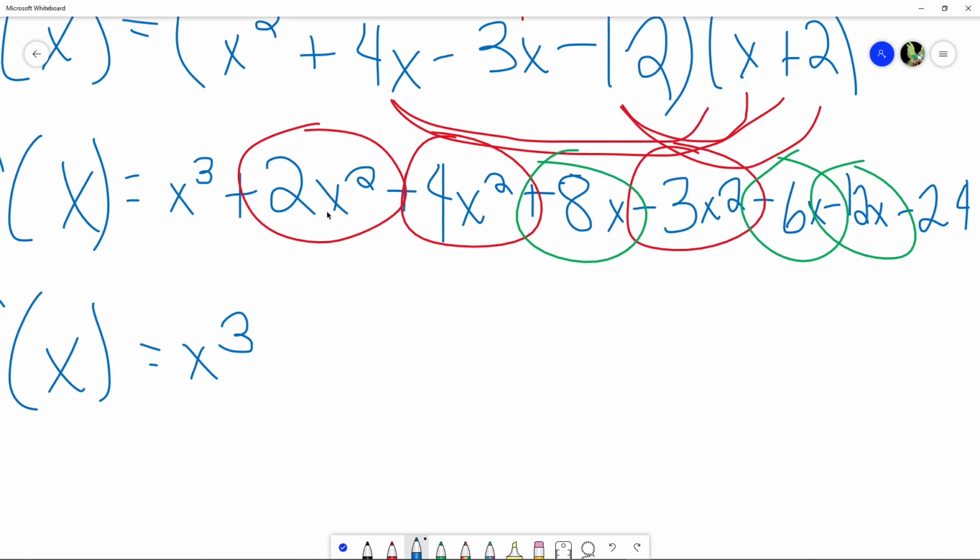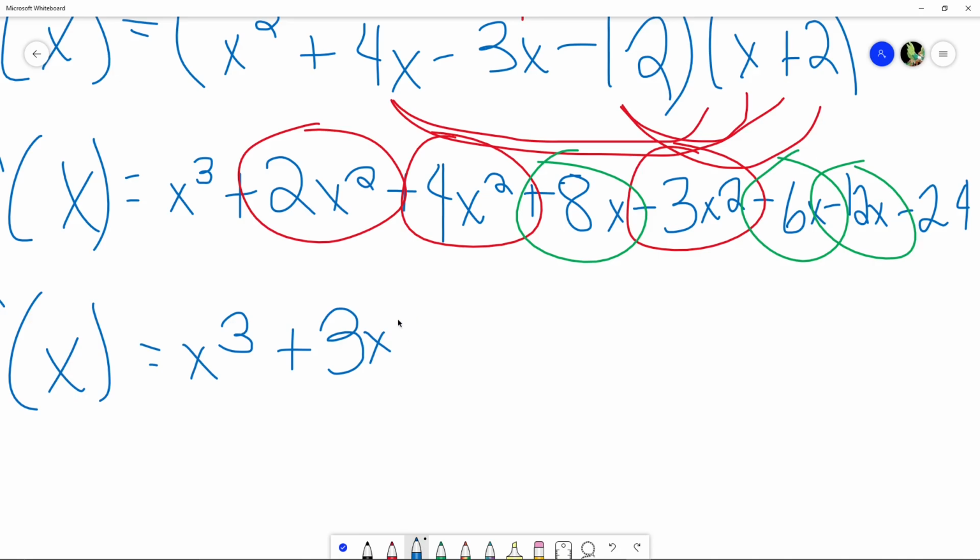Now we're adding these together. The x raised to 2. Remember, when adding, we only keep the exponents with the same value, so it's always going to stay as 2. So 2 plus 4 plus negative 3 equates to 3. So plus 3x squared.